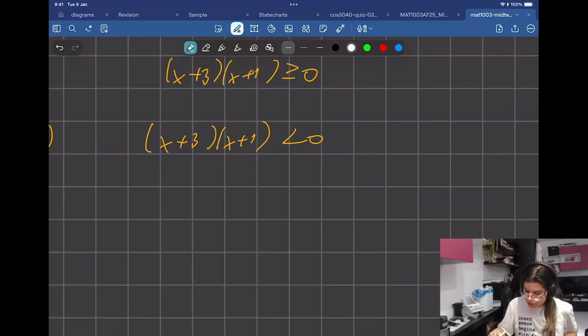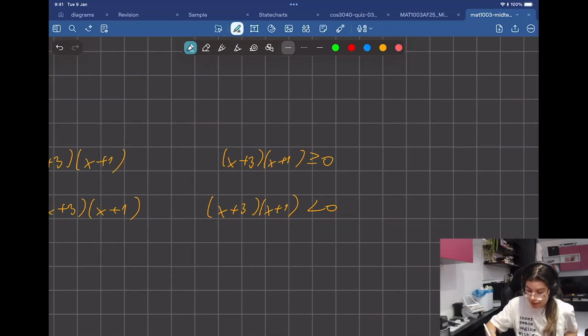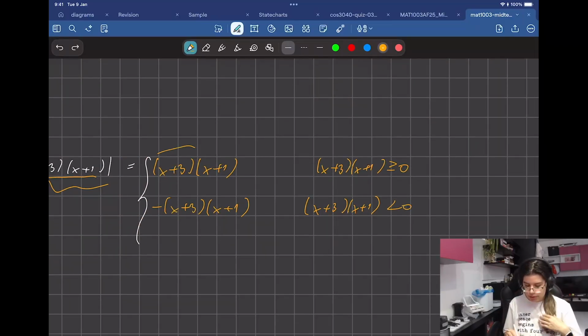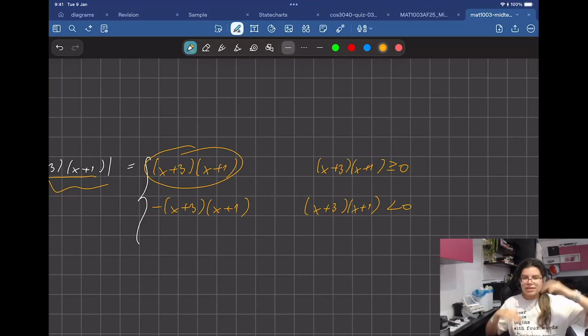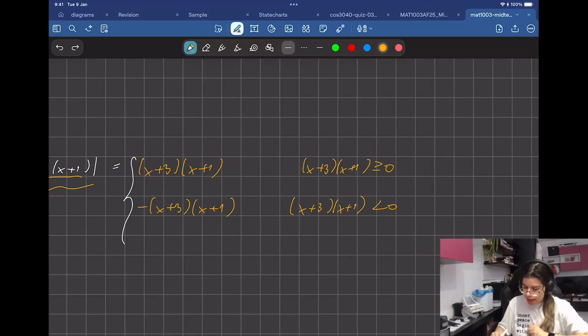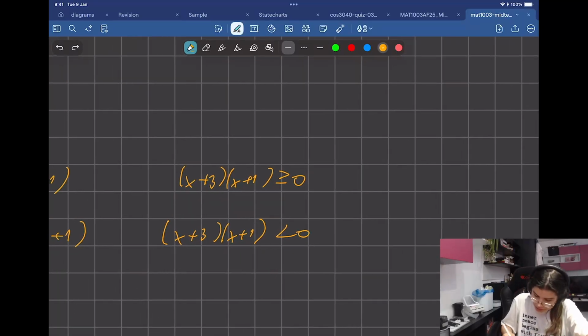But now, in order to determine exactly the boundaries of x, because this is a whole expression, I need to know the exact boundaries of x. For example, I need to know that this is the case for x between this and this number, not for an expression. So how do I find this? Well, here's how I do it. I draw a number line somewhere. It doesn't really matter where it will be. And I plug in the roots.